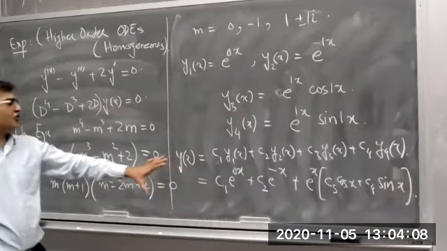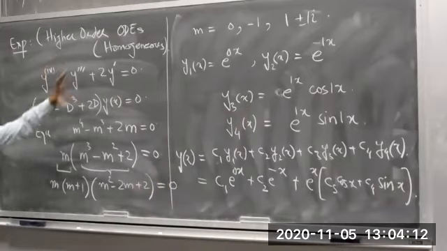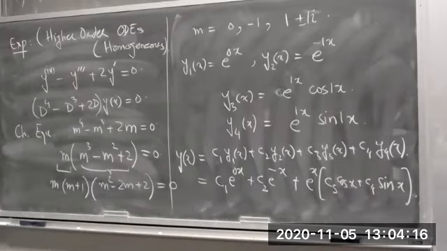So this will be the general solution of the given fourth order homogeneous ODE. I hope you get it. If you have any question, you can ask me.